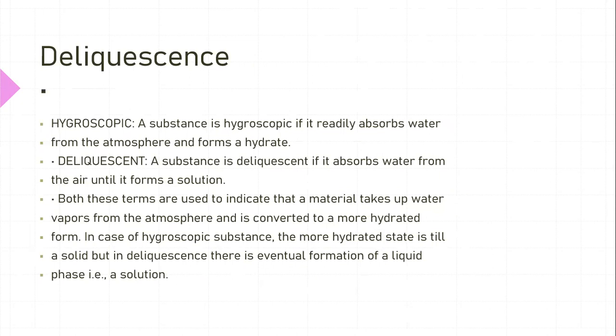Next is deliquescence. In deliquescence, you should remember two things: hygroscopic and deliquescent. What is the difference between the two? What is hygroscopic? A substance is hygroscopic if it readily absorbs water from the atmosphere and forms a hydrate. Then it's hygroscopic only.